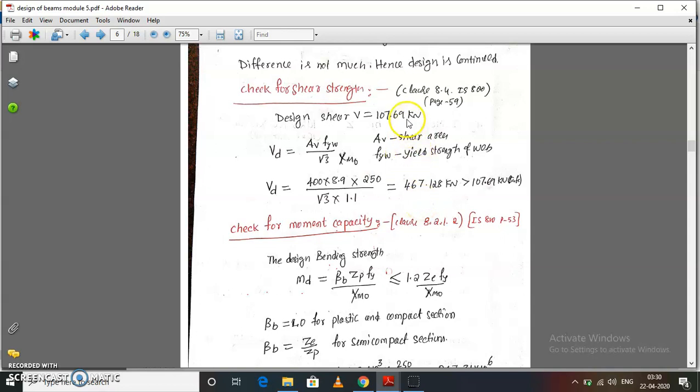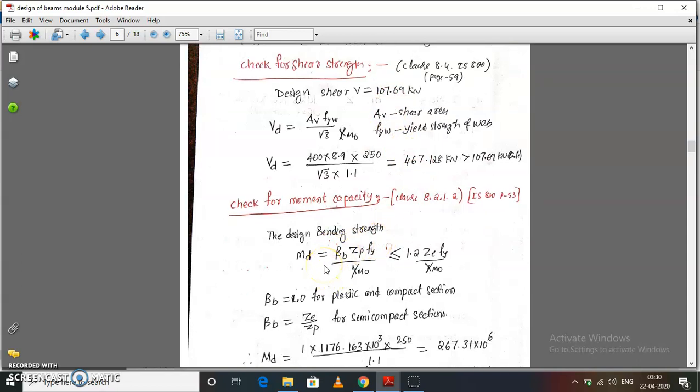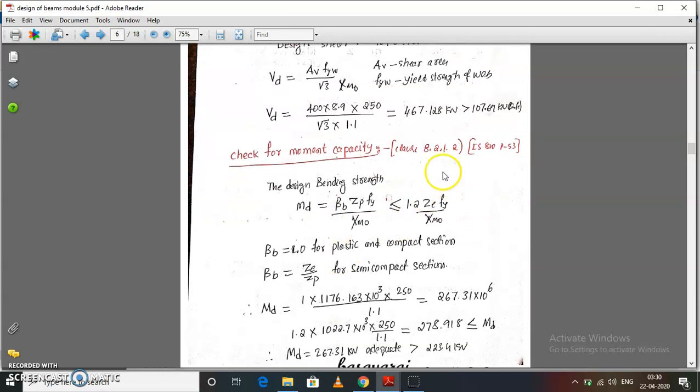So V is 107, which is less than 280.276. Hence we have to use the Md value for the calculation of the bending strength of the section according to 8.2.1.2.